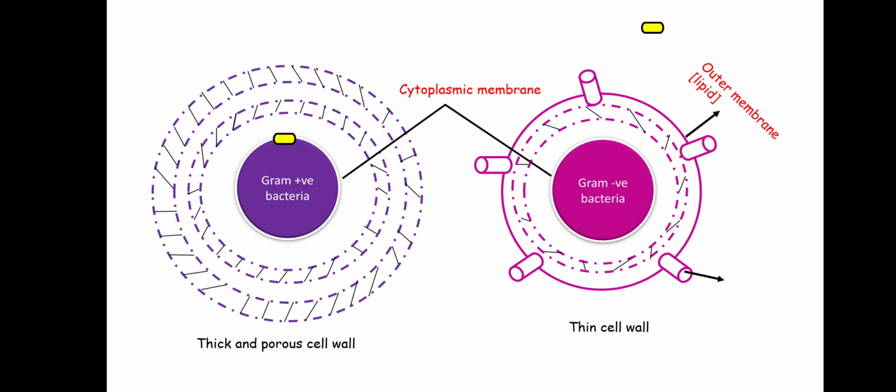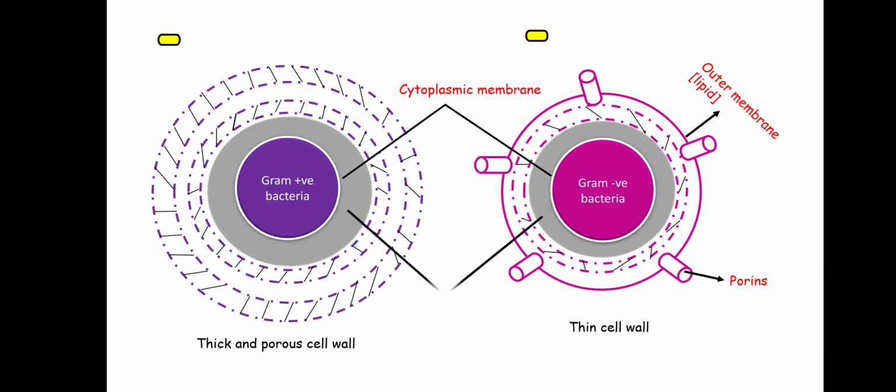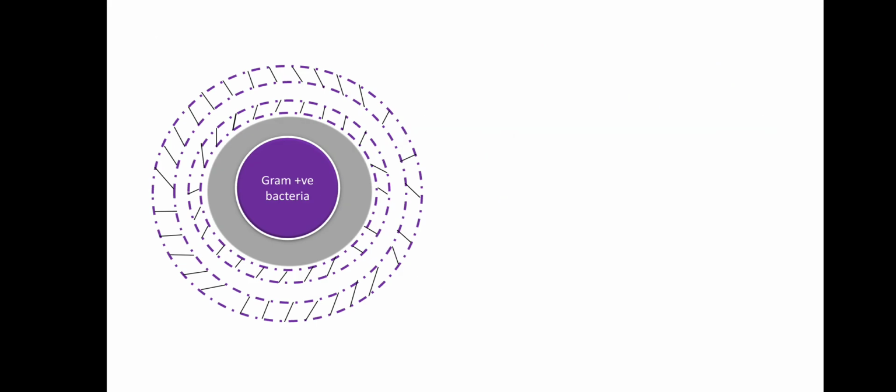Another important structure is the space between the cytoplasmic membrane and the cell wall, which is named the periplasmic space. Next, we shall have a little detailing about the cell wall before we move forward.